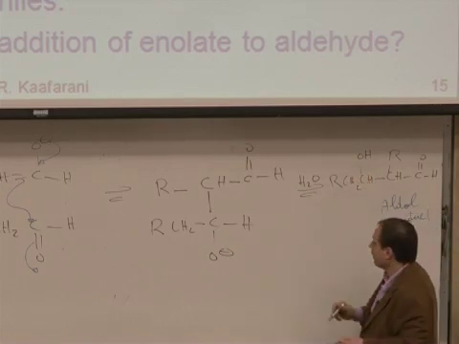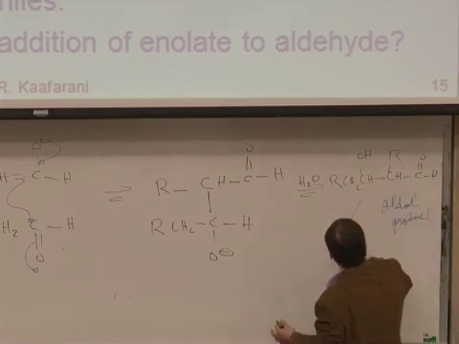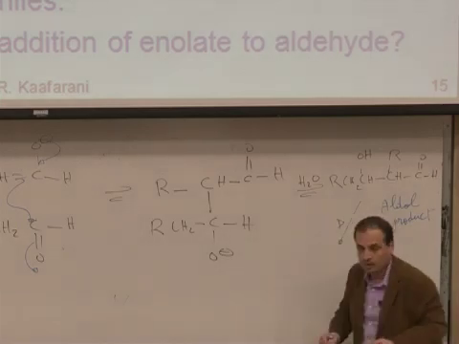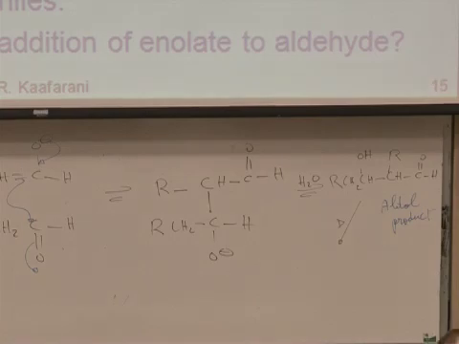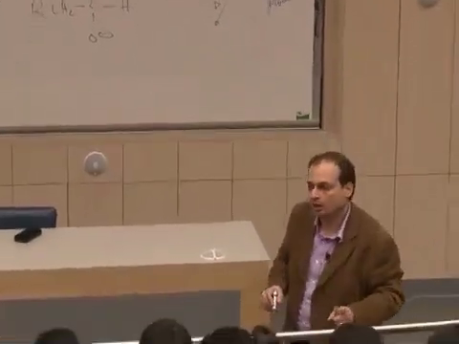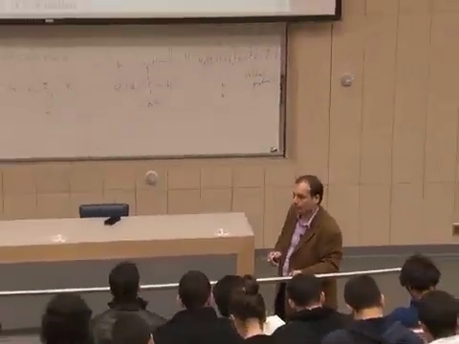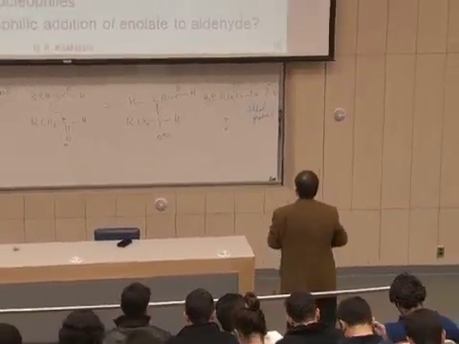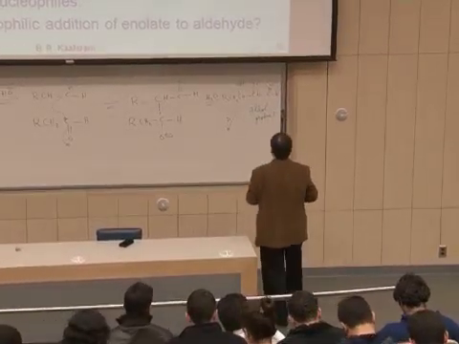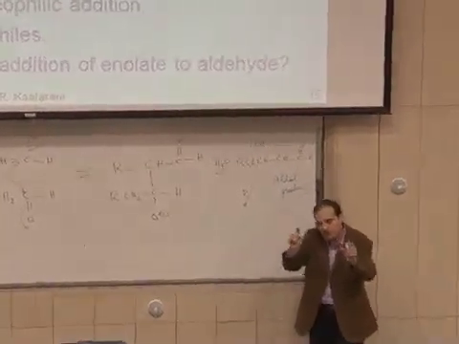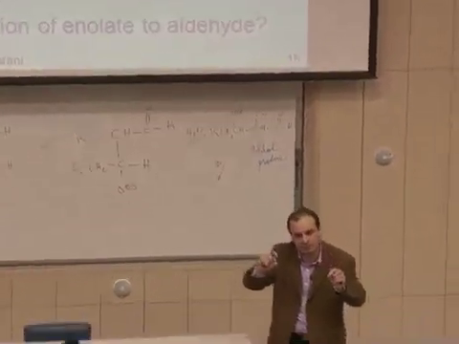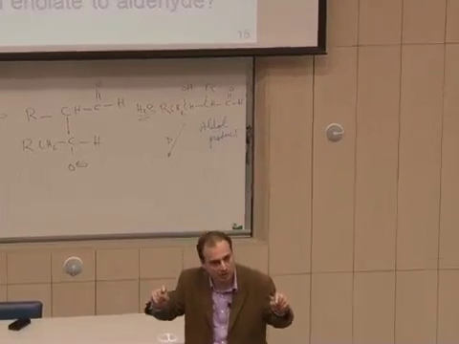Now, if you heat this up, and sometimes you don't even need to heat it up, even at room temperature, elimination will occur. Elimination will happen, and you will eliminate the beta hydrogen to the hydroxyl. Now, I'm using the beta hydrogen for the elimination terminology.